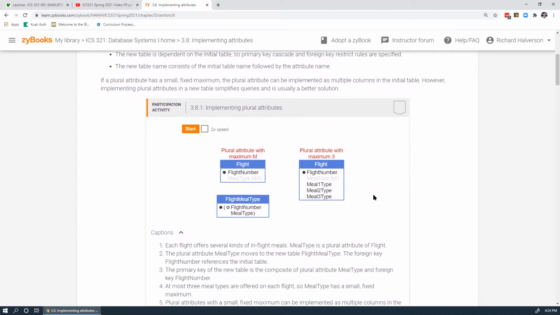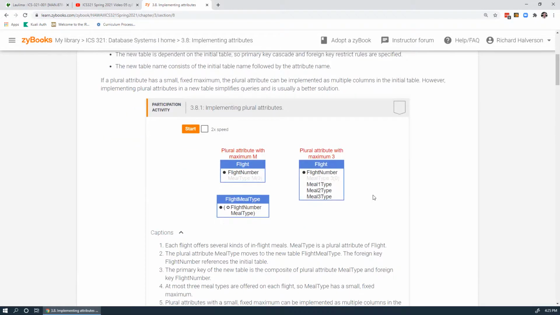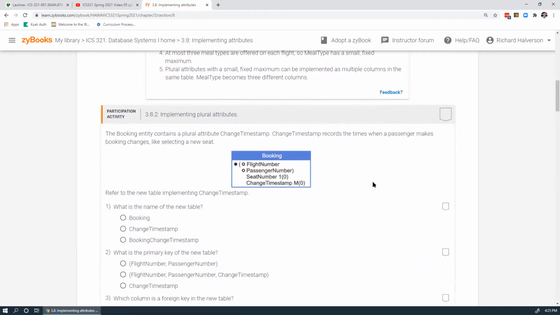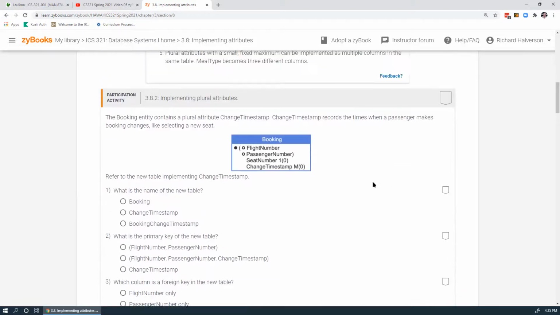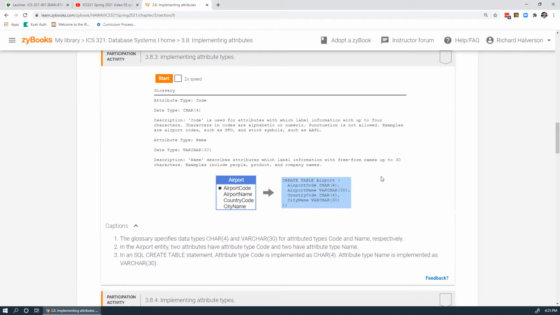Of course, a meal can go on many flights, and a flight can have many meals. You could have a relationship like that too. I don't know if they're referring to that here, but anyway, this is plural types.